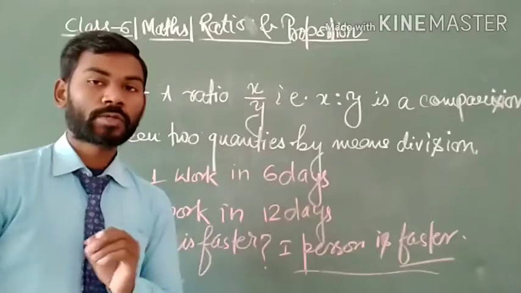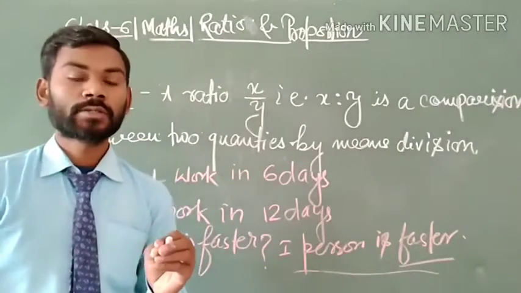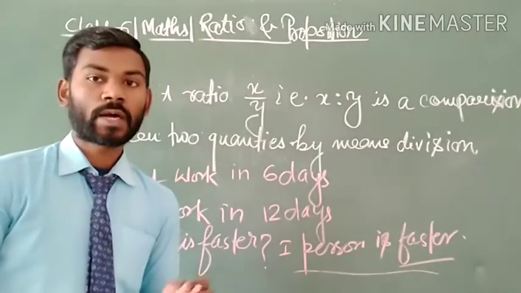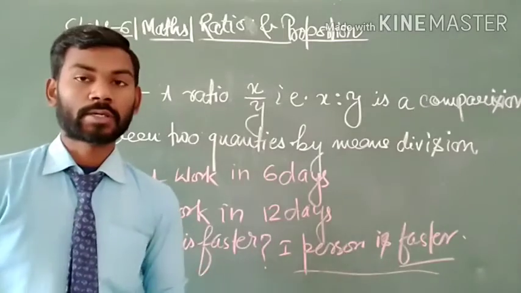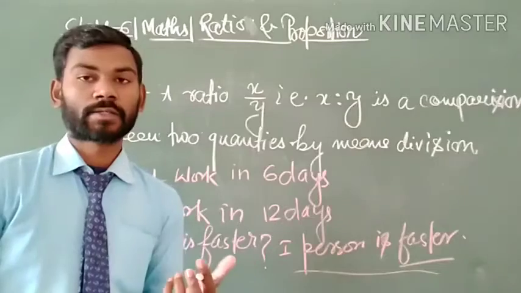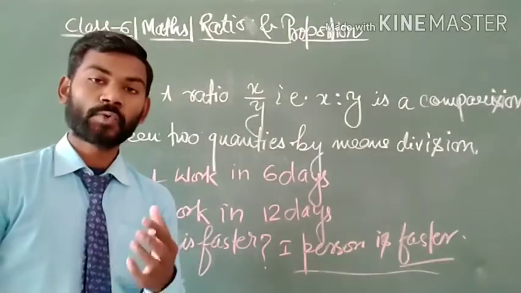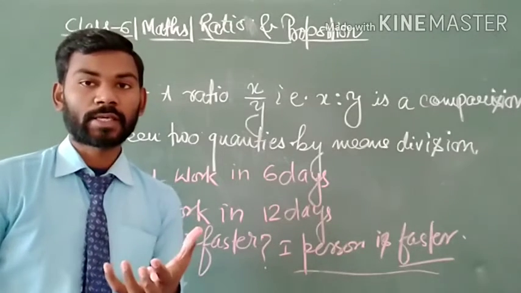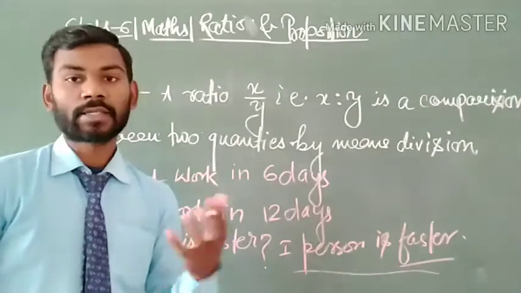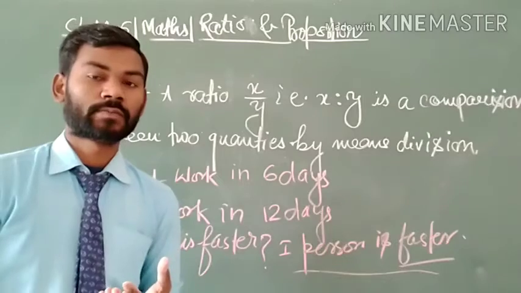One person completes the work in 6 days, while the other requires 12 days, which shows that the person who requires fewer days is more efficient than the person who requires more days.